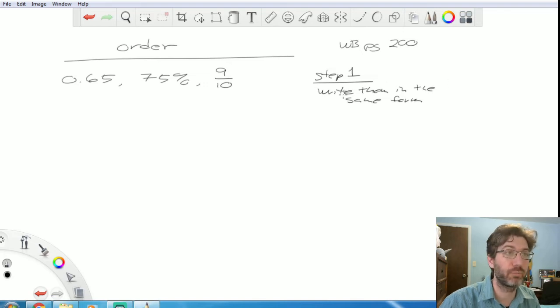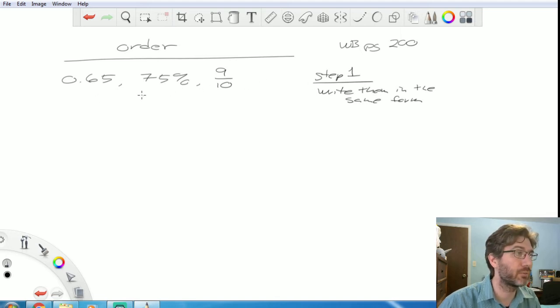I'm going to go with percents today just because we've been practicing and percents are kind of the new one. Any way you want to do it is going to work out as long as you use whichever one you're more comfortable with. So I'm going to do percents.